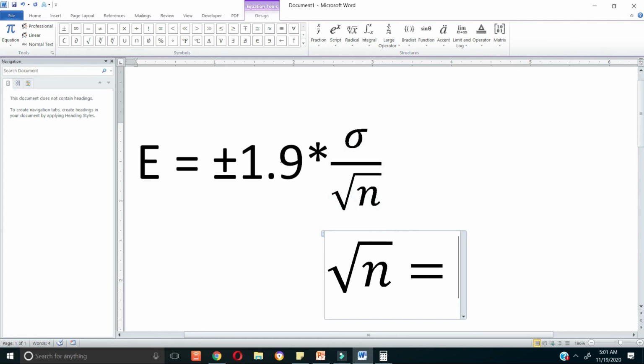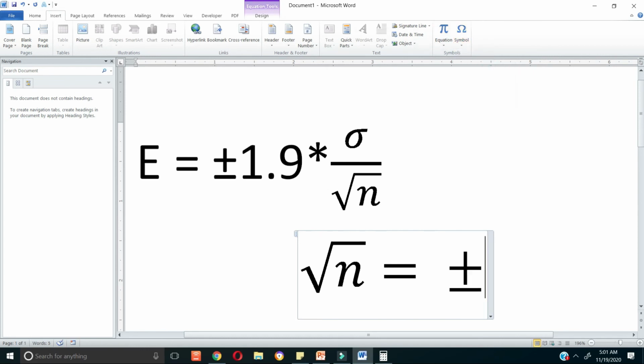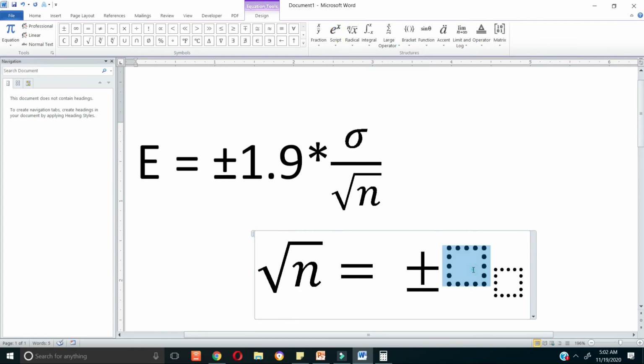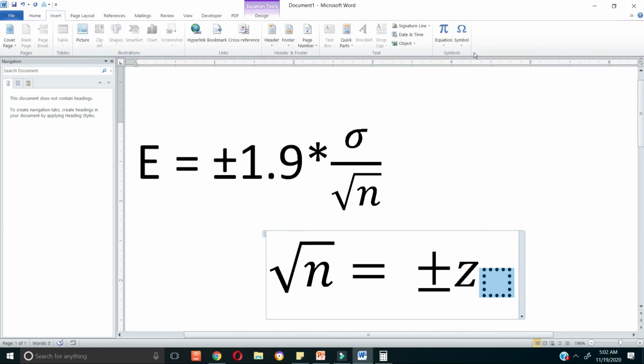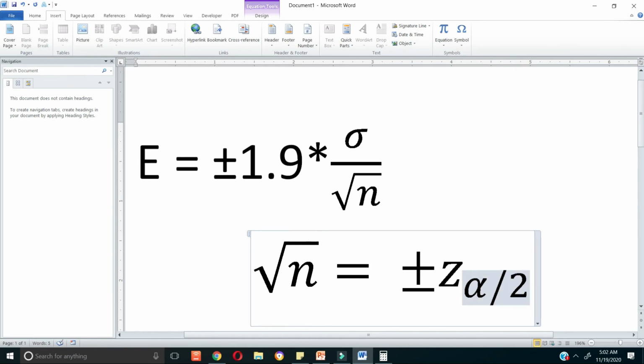so we know this to be essentially plus or minus z alpha over 2.